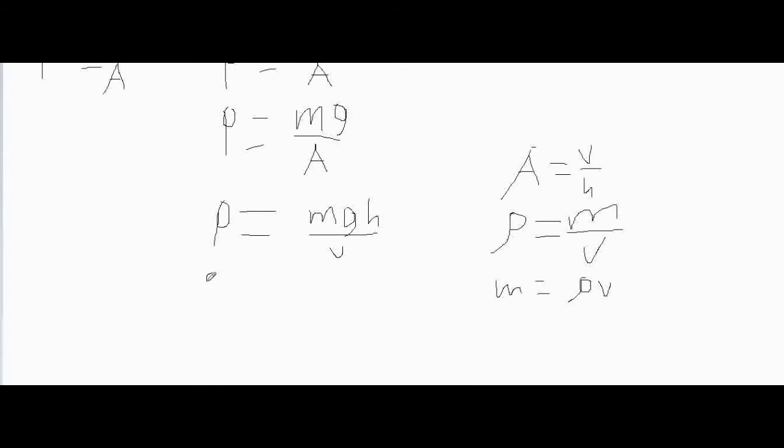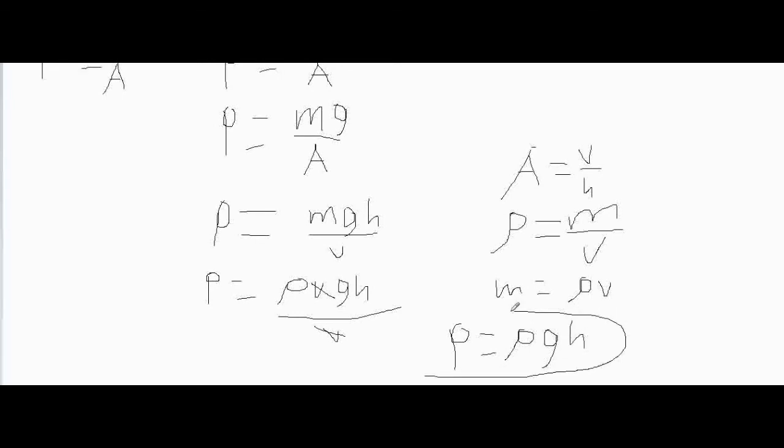So we can rewrite this as pressure is equal to density times volume times g times h all over V, and we can cancel V and end up with pressure equals density times g times h. And this formula here is very important. You need to understand the formula as well as the derivation that we just did. Both are very important for your exam.